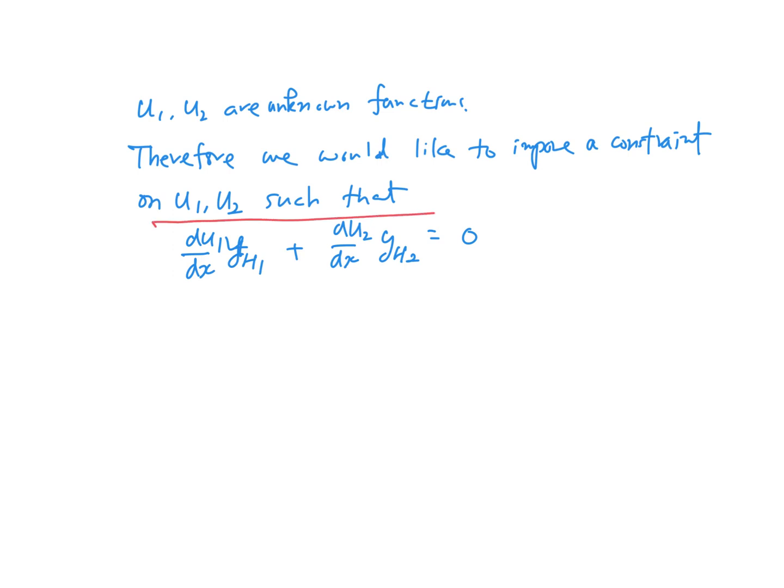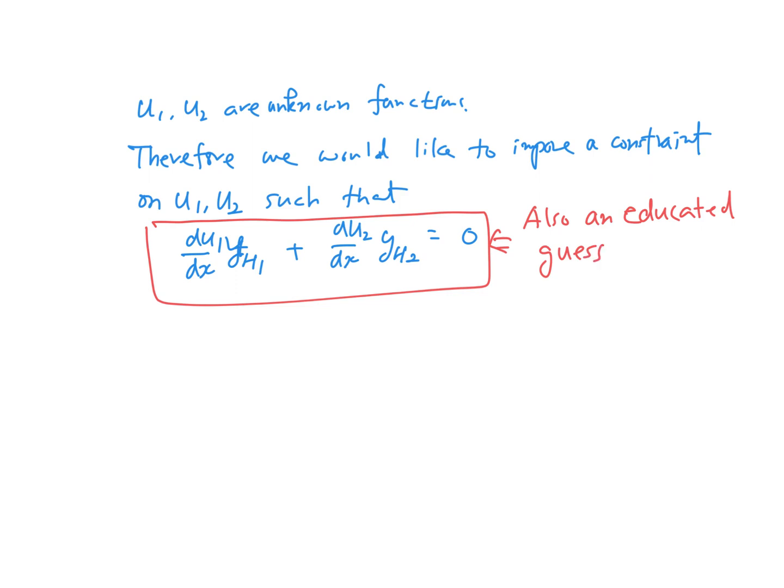Actually this is also an educated guess, and see what happens if you can solve with this constraint. But it turns out that this constraint is a really important condition to find u1 and u2. So let's say this is equation number 2 and continue.